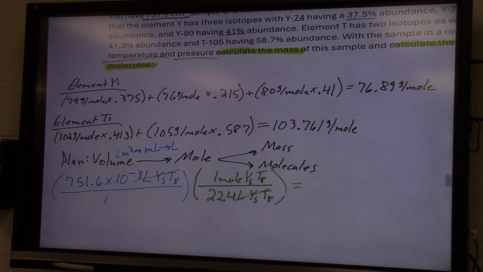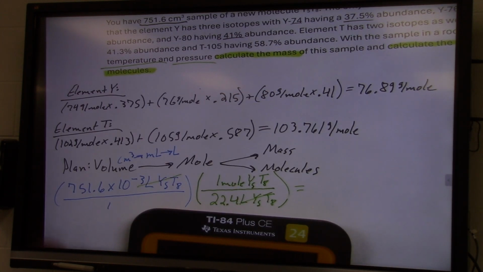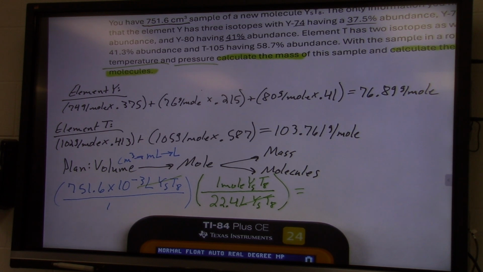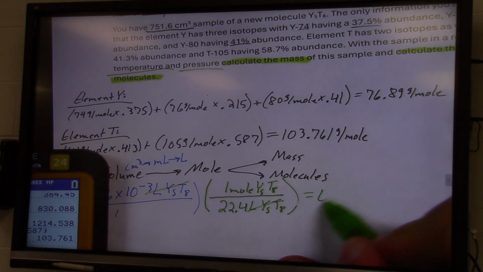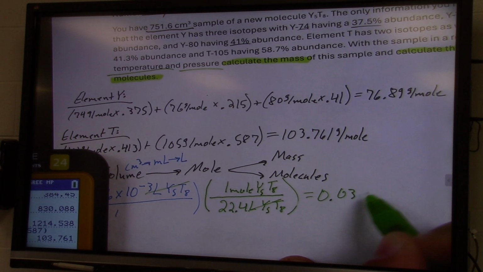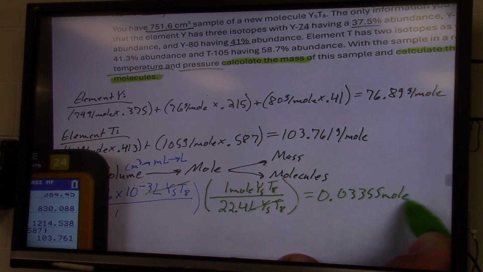So I'm going to do this one in the calculator. 0.0335. So I get 0.03355 moles Y5T8.